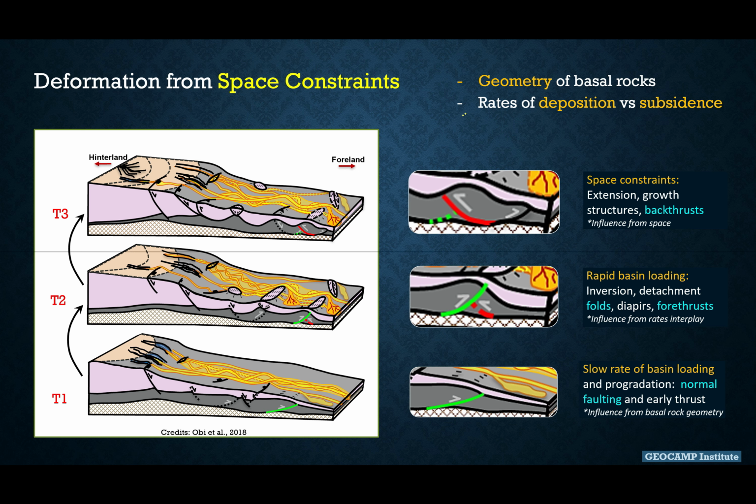As things progress, the rate of deposition versus the rate of subsidence, the interplay of both rates, now comes into play, and that determines what kind of deformation we're going to get, if it's going to be a forward thrust or a back thrust, or if things are going to create an anticline in the form of a buckle or not.